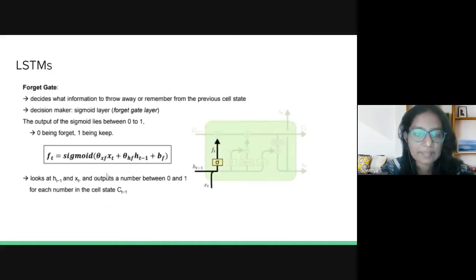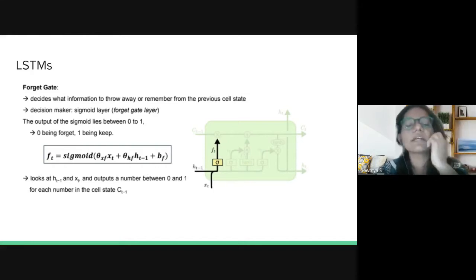So the forget gate decides, as the name suggests, what information to forget or throw away. How do we do this? Very simply, we take a fraction of that information. How do we take a fraction? Again, we use sigmoid because sigmoid is between 0 and 1. So we take a fraction and it is a function of the previous hidden state and the current input.